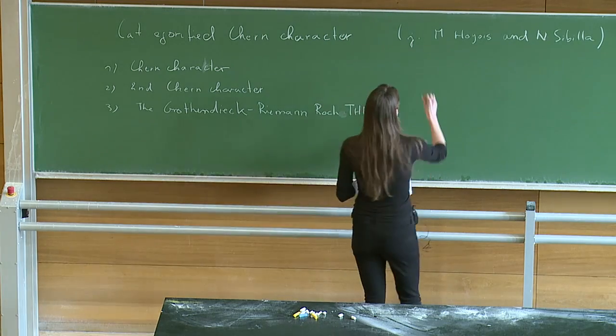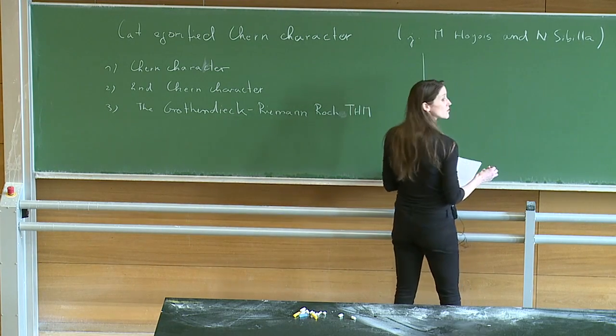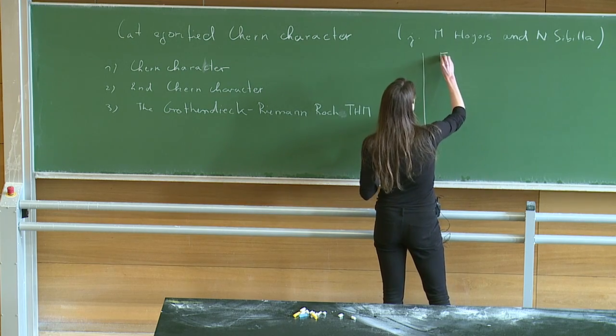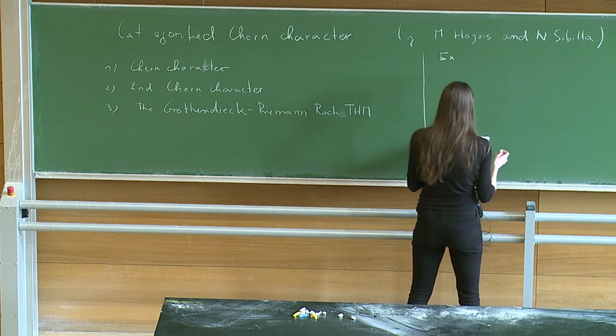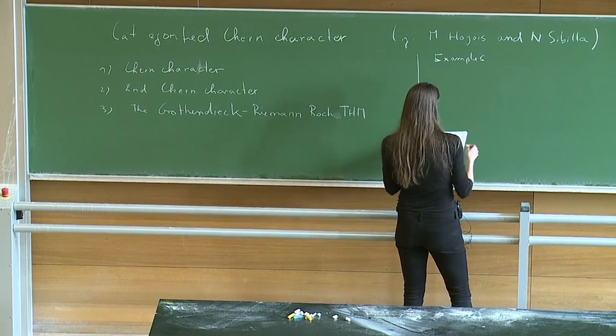Okay, so let me start this talk with some simple examples from topology, representation theory, and algebraic geometry of instances of Chern characters, one of which you might have encountered.